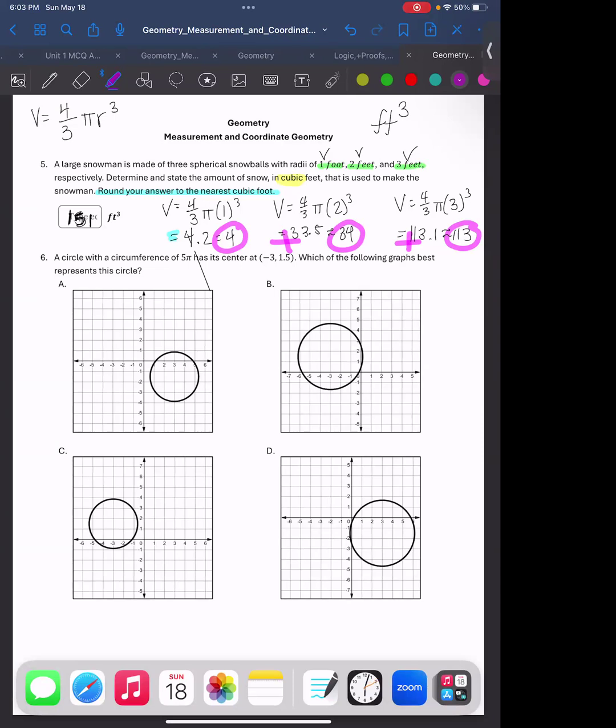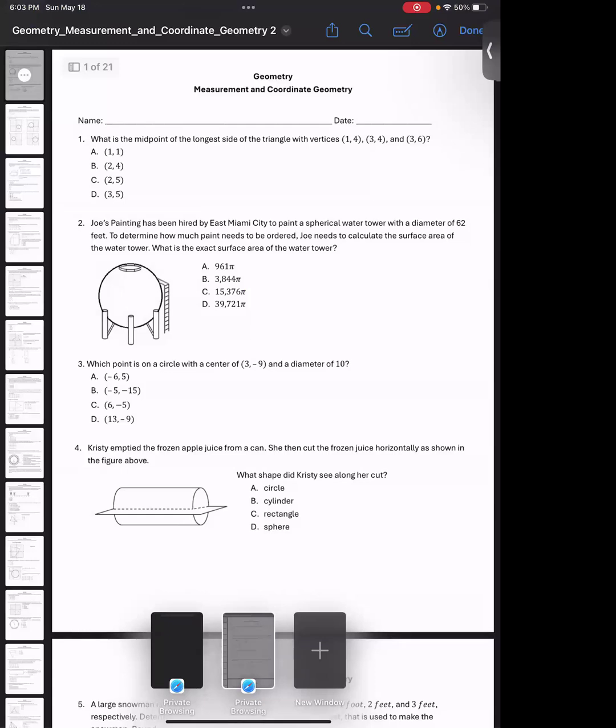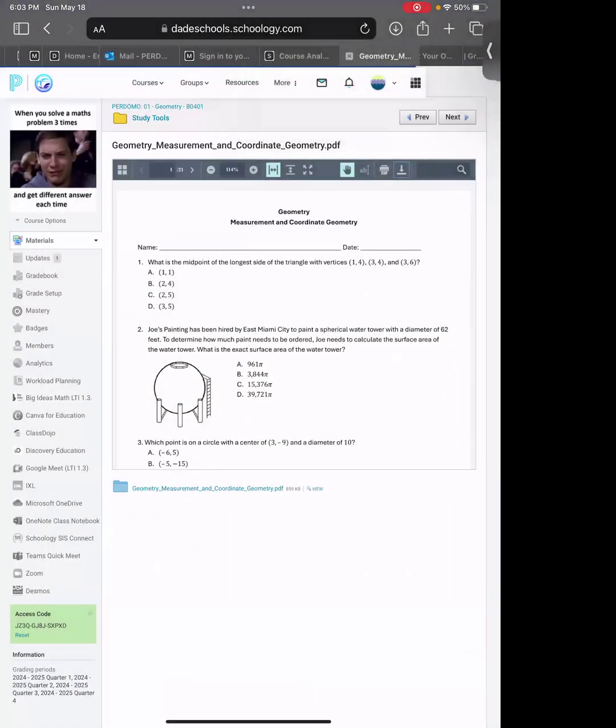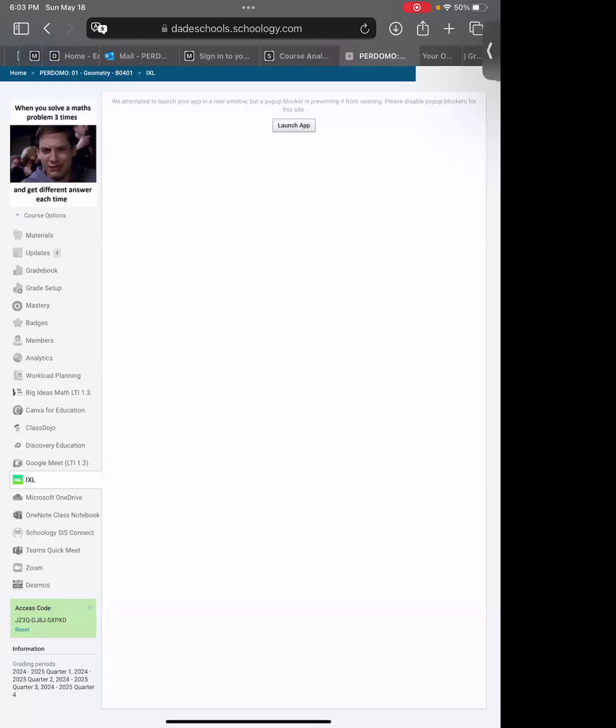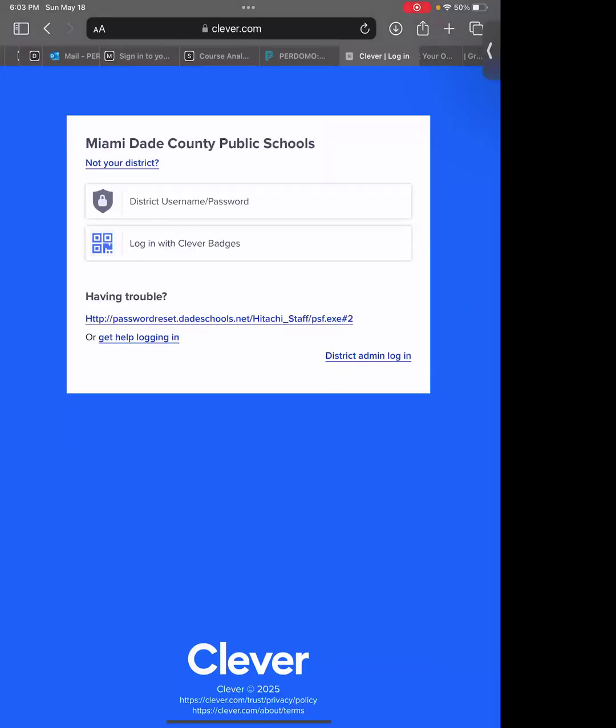Do you mean the 4/3 pi 1 cubed is what you put into the calculator, or did you do the 4/3 pi 1 cubed plus 4/3 pi 2 cubed? Okay, no, just one at a time. Okay, got it. I think I know what I did wrong.